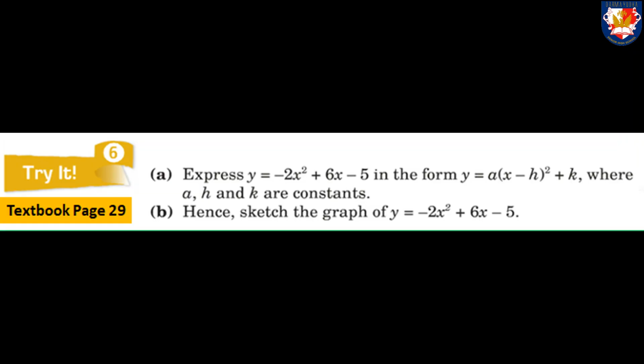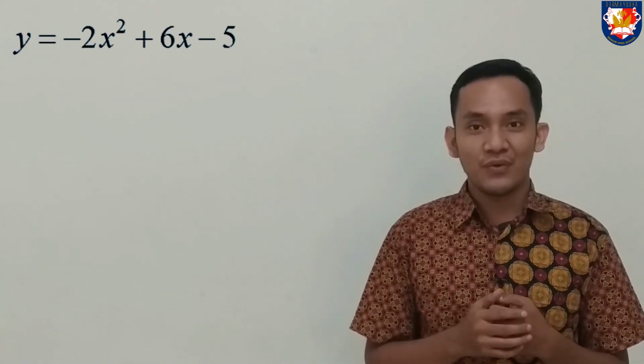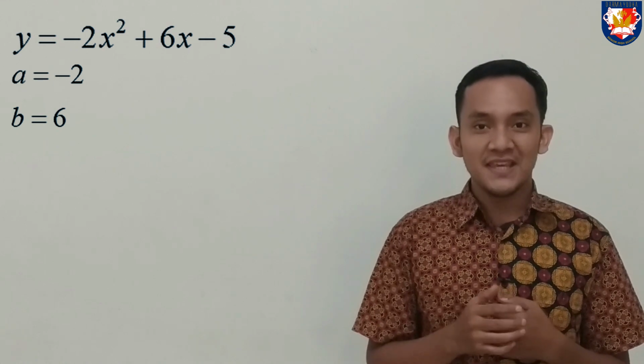Try 6. Express y equals minus 2x squared plus 6x minus 5 in the form y equals a times (x minus h) squared plus k, where a, h and k are constants. Hence, sketch the graph of y equals minus 2x squared plus 6x minus 5. From the question we have y equals minus 2x squared plus 6x minus 5. a equals minus 2, b equals 6.